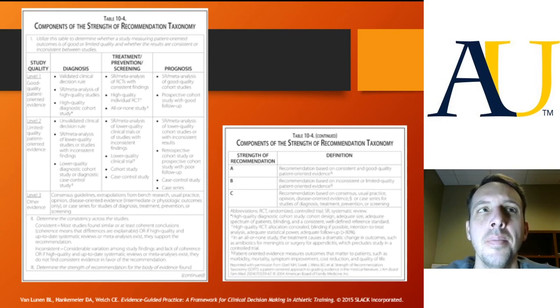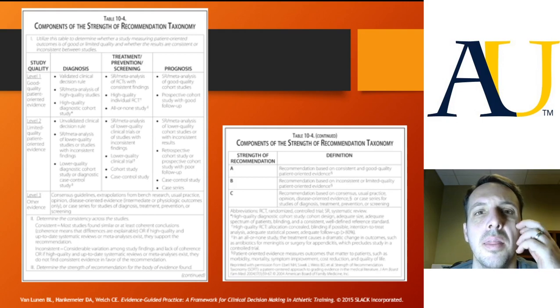And you can see the corresponding different types of articles from the CEBM version that fall into these 1s and 2s. Right? And then the grades of recommendation follow fairly similarly to the levels of evidence, with that same downgrading for inconsistent results.